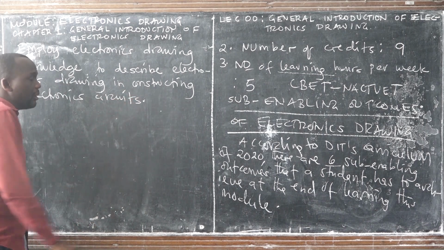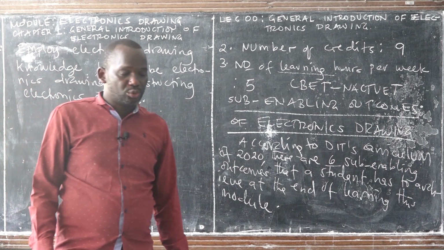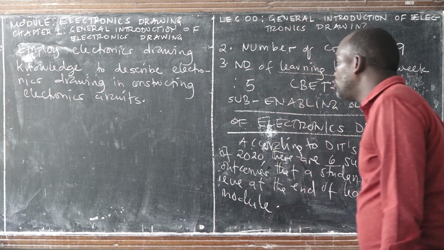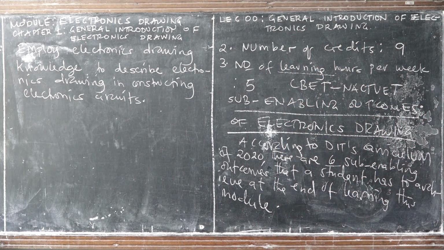This is the first sub-enabling outcome. A student should be able to employ electronics drawing knowledge to describe electronics drawing in constructing electronic circuits.